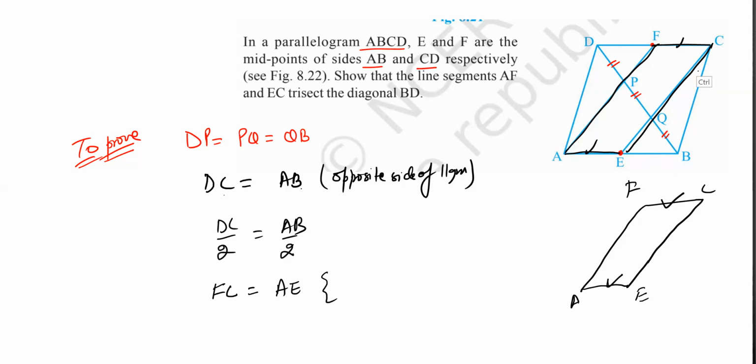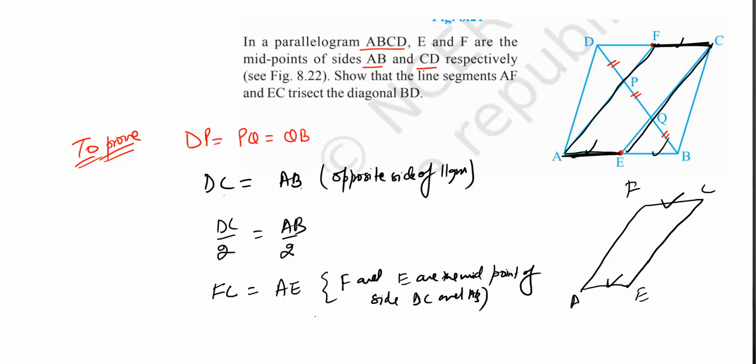Because this region is not coming in the parallelogram that we are proving. So FC for this side and this side. Reason: because F and E are the midpoints of side DC and AB. Okay, got it?